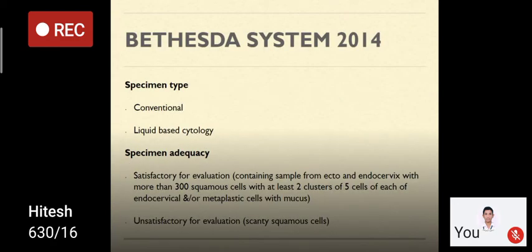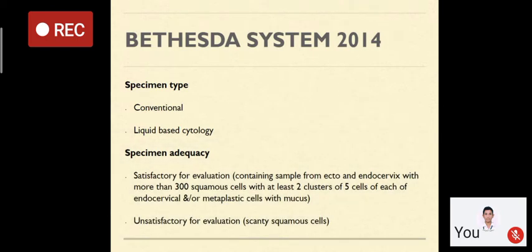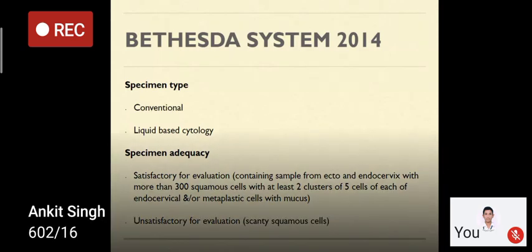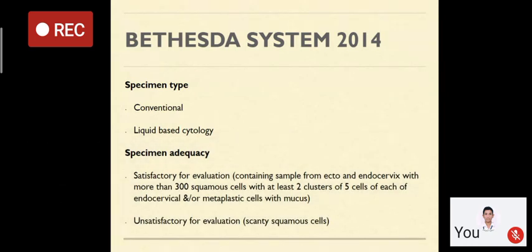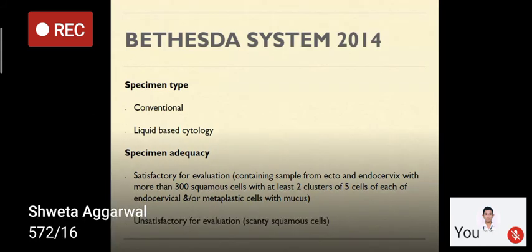Okay. Now, the Bethesda system: the specimen can be a conventional pap smear or liquid-based cytology. Both have the same principle, and adequacy. Satisfactory for evaluation is when it contains a sample from both the ectocervix and endocervix with more than 300 squamous cells with at least two clusters of 5 cells each, and it has to be stated whether it is satisfactory or unsatisfactory for evaluation.